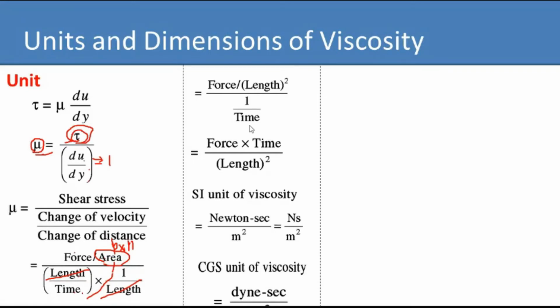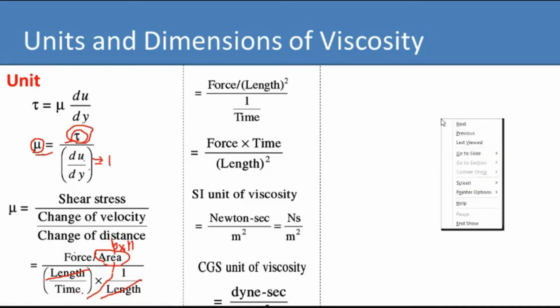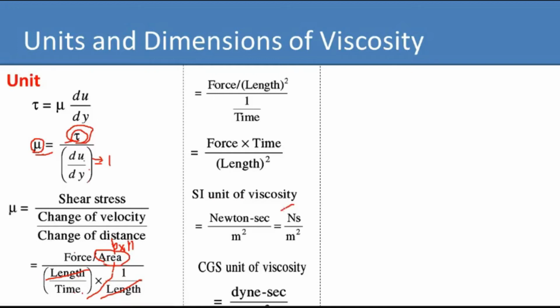So it is dyne second per centimeter square. So always remember the unit: the unit of absolute viscosity is Newton second per meter square, and in CGS system it is dyne second per centimeter square.